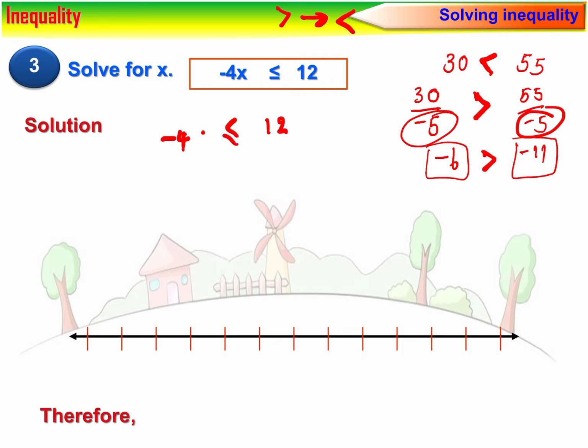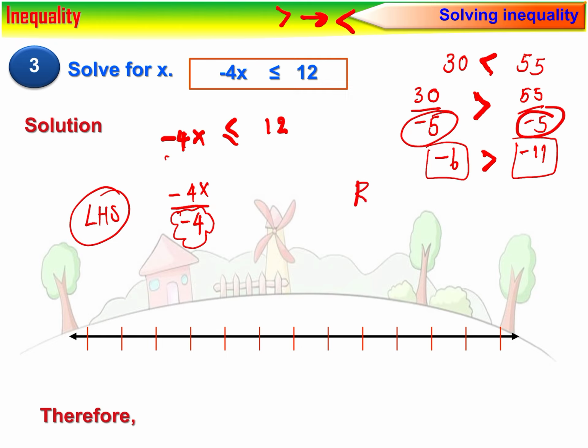You have minus 4x less than or equal to 12. To take away minus 4 you have to divide this side by minus 4, or negative 4, right? In the left hand side divide by negative 4.